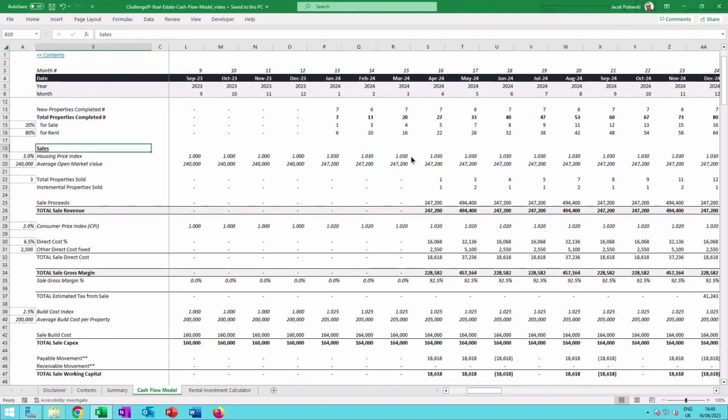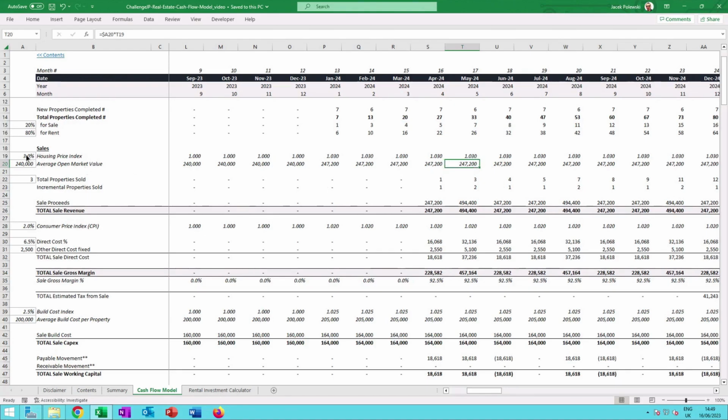You see that starting here for sales. It's a relatively straightforward forecast. First of all, we're starting with the average open market value for a house. I listed those inputs here on a monthly basis because we have introduced an increase in the value of the house on an annual basis.